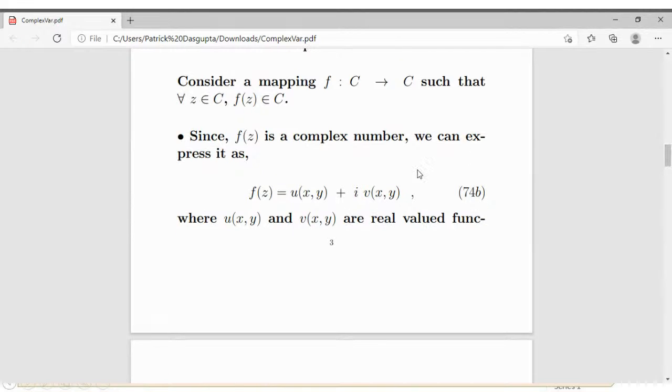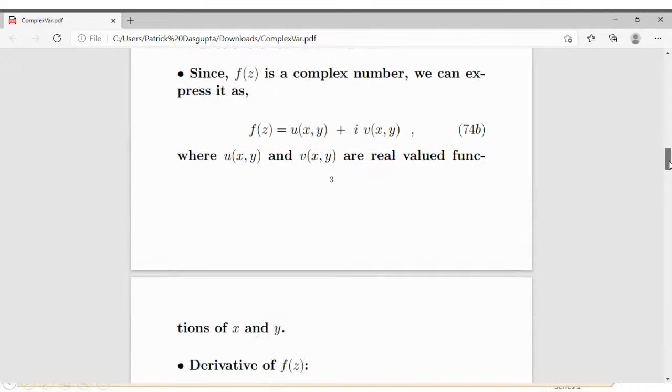But f of z being u plus iota v, f of z is a complex number for every z.